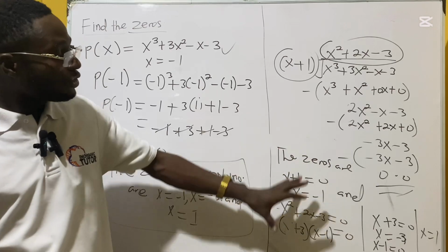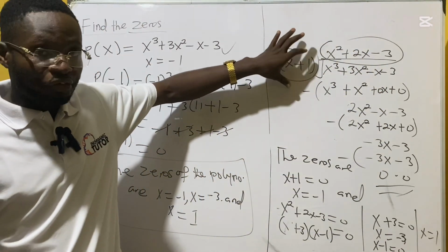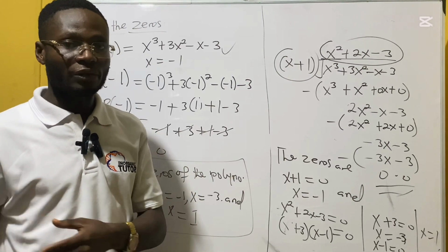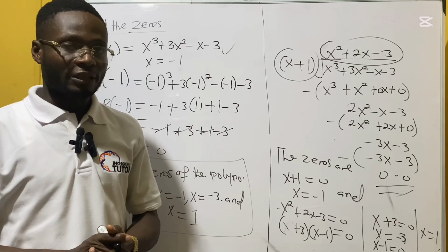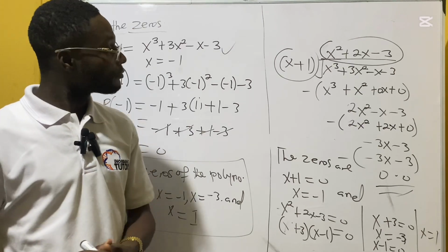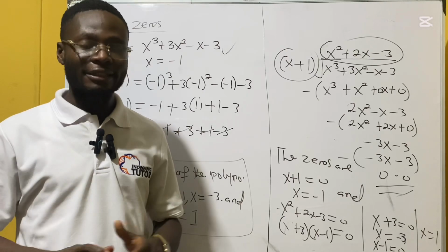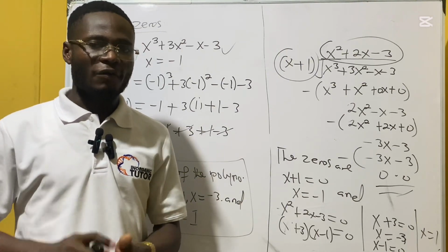Once you have the quotient and the previous factor, set those expressions to 0 to find the zeros of that polynomial function. Basically, the zeros of a polynomial function are the values of x.